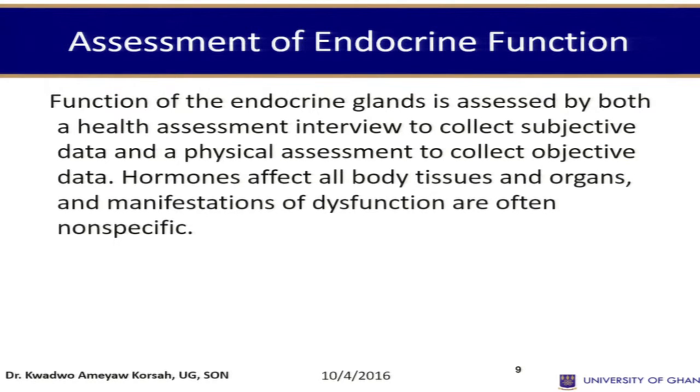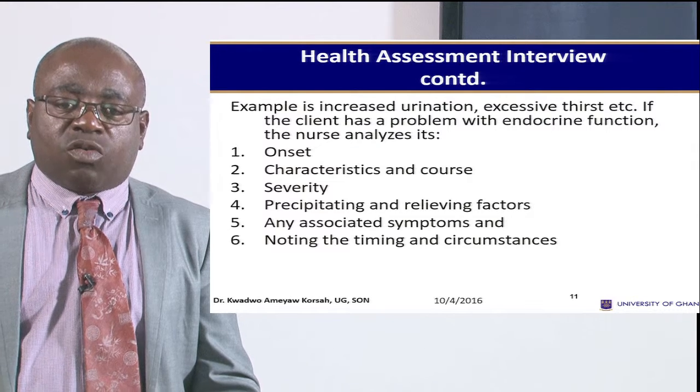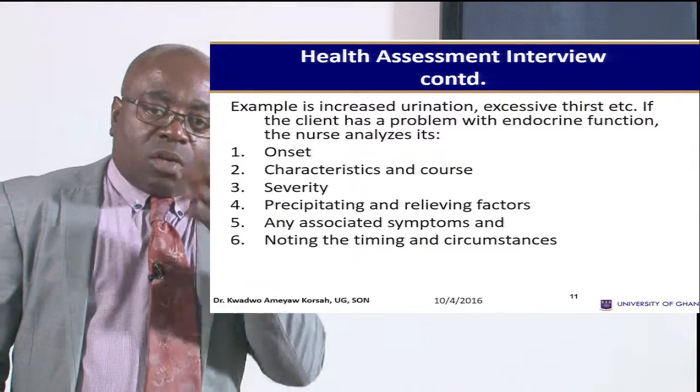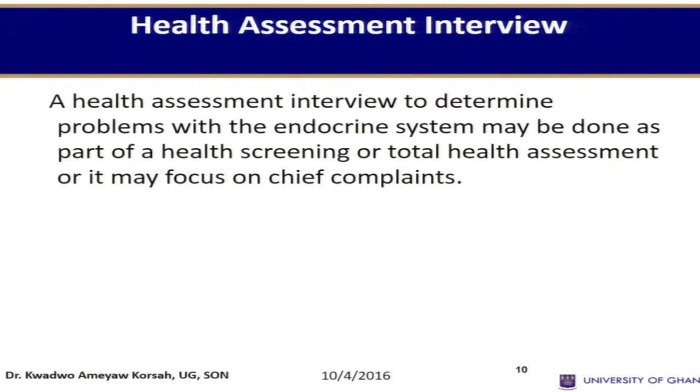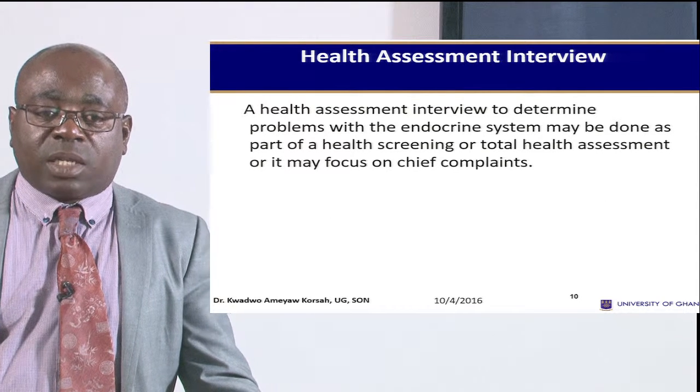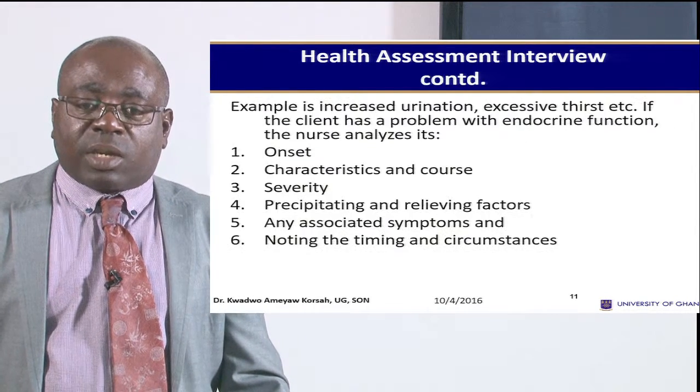Now, as part of the health assessment, we need to look at the subjective data and also the objective data. Examples of health assessment interviews to determine problems with the endocrine system may be done as part of the health screening or total health assessment, or may focus on chief complaints. Here, it is based on the patient's chief complaints and also on the health assessment by the clinician.